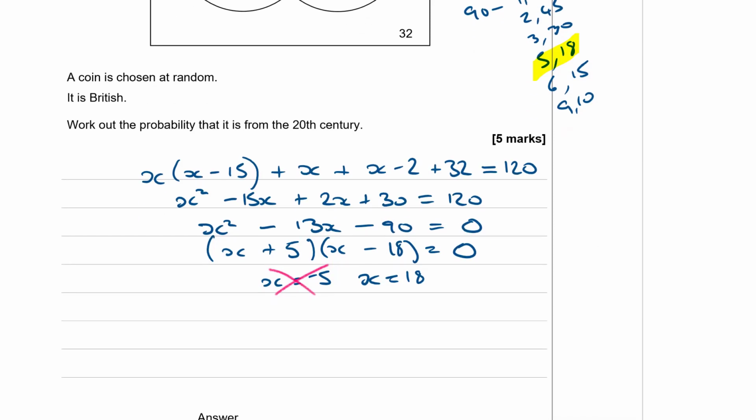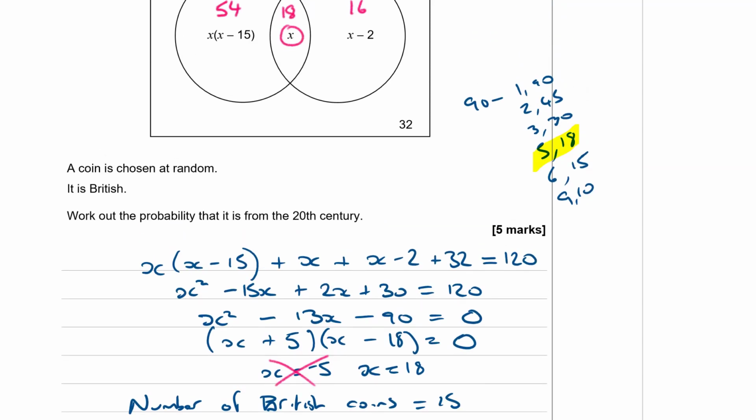So the number of British coins is 18 plus 16, which is 34, and the number of British coins that are also from the 20th century is 18.